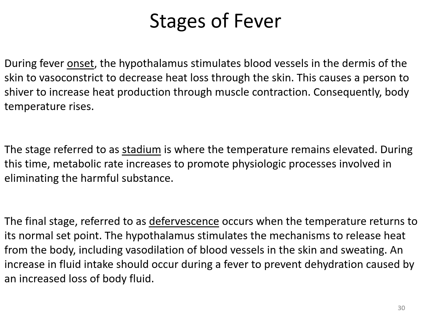Because those blood vessels are so close to the surface of the skin, if they are open and vasodilated, we can lose heat through the blood that way. But by vasoconstricting them, it conserves our heat, so we reduce the amount of heat that gets lost through the skin. So this causes a person to shiver, to increase heat production through muscle contraction, so consequently the body temperature rises.